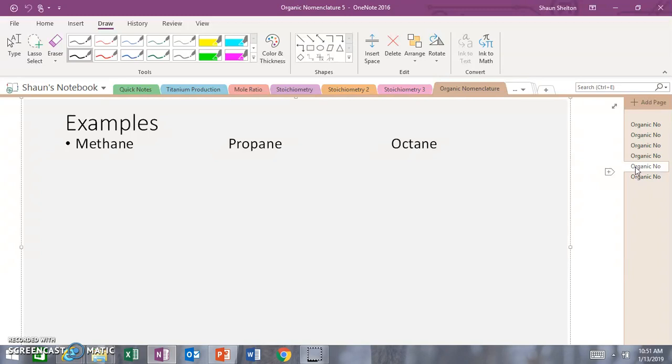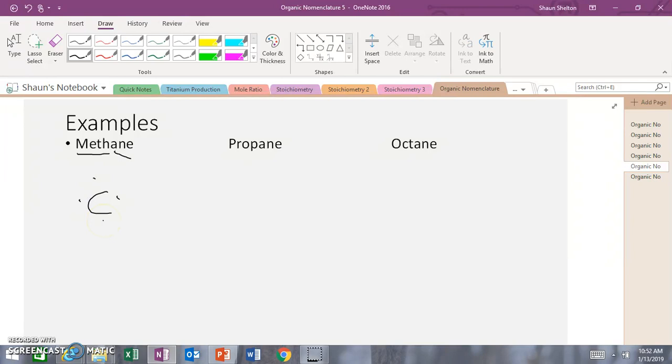Now we're going to look at just a few examples, and so we've kind of touched base on this already, but we're going to just draw out a couple examples. Now, one thing I want to make sure you understand is that when you look at the name, you oftentimes will be given the prefix and the suffix. So in this case, you have meth and you have ane. Now we just learned that meth has 1 carbon, and so we can draw our carbon, and remember that there's an octet rule. So you're going to have 4 dots around the carbon.